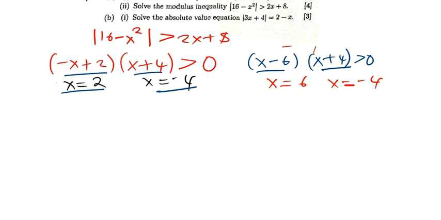So we're just going to have negative x plus 2, and then x plus 4, and then we have x minus 6. Okay, so we can draw a table.